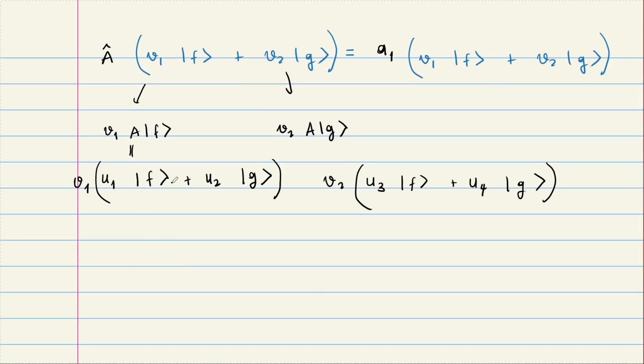For example, the coefficient of F on the left hand side is V1 U1 plus, there is another V here, V2 U3. I take this one, it should be equal to this one, A1 V1.